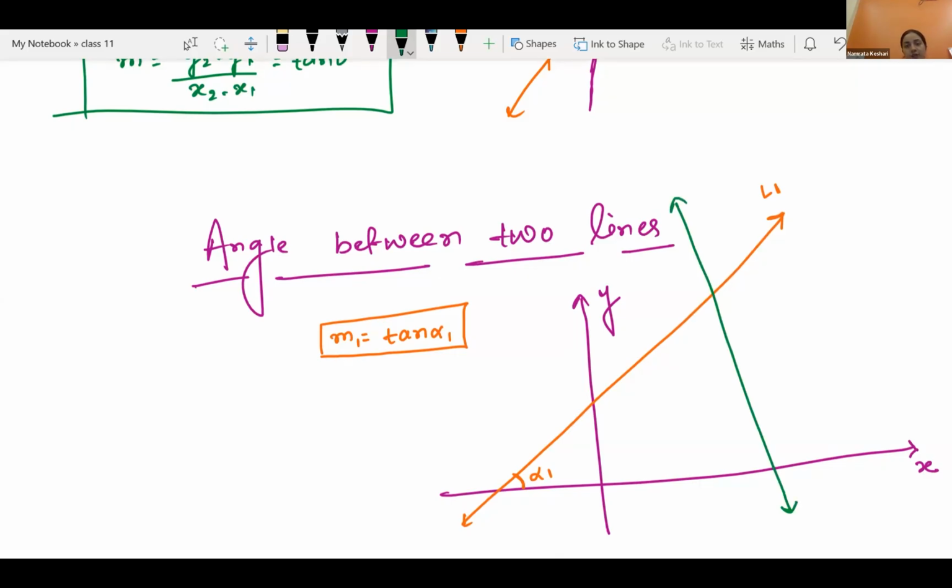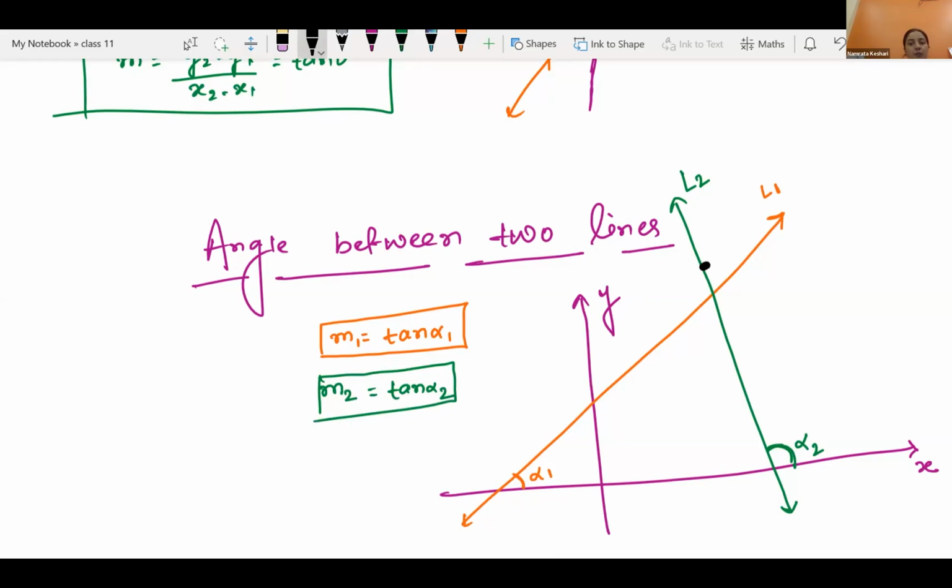This is line L2, making an angle alpha 2 with the positive x-axis. Slope can be found using this alpha 2. We can say slope M2 is equal to tan of alpha 2. Is it making sense so far to everyone? Now we are trying to check how to find the angle between these two lines.